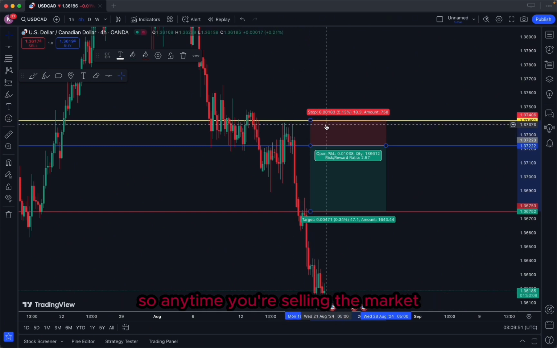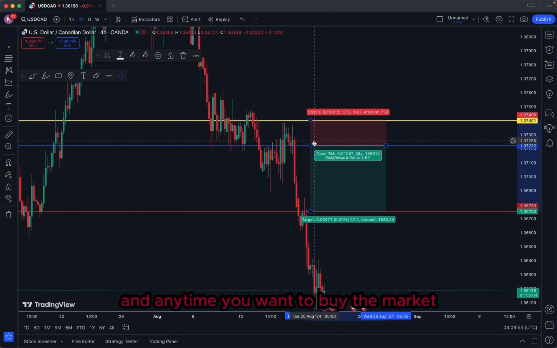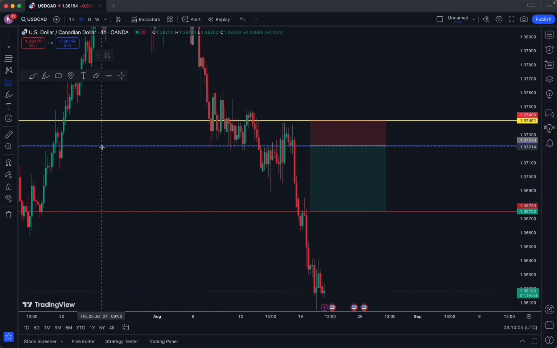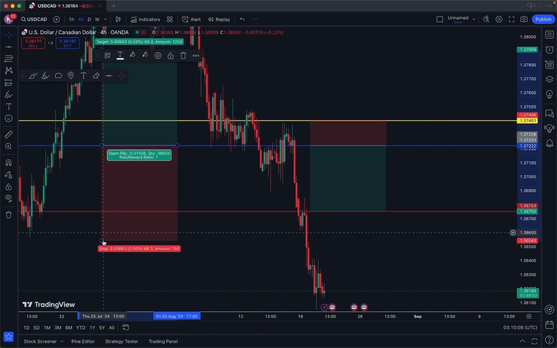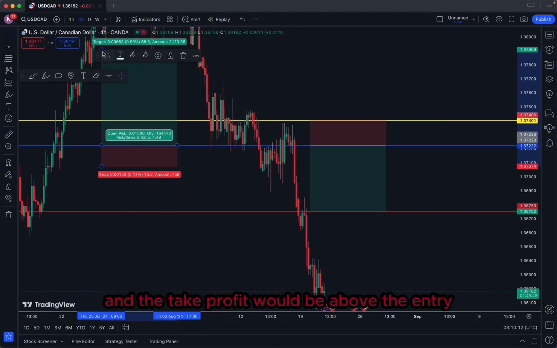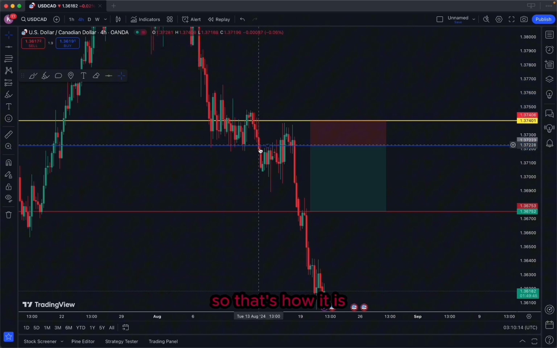Anytime you want to buy the market, your stop loss would be below the entry. So if we are to buy this market, our stop loss would be below the entry, and our take profit will be above the entry. So that's how it is.